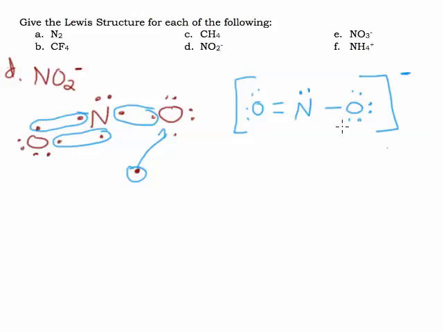Because honestly, if NO2 -1 works, it seems to me surprising that we can add an extra oxygen and it just works out as well. Let's start with our nitrogen because we know it will be central. And we'll work on our oxygen.